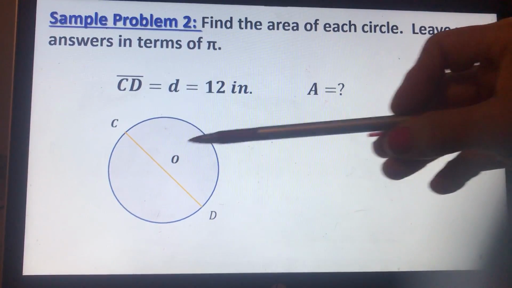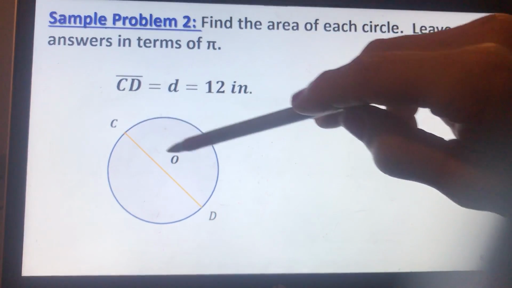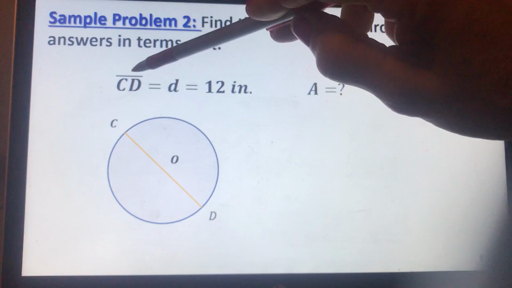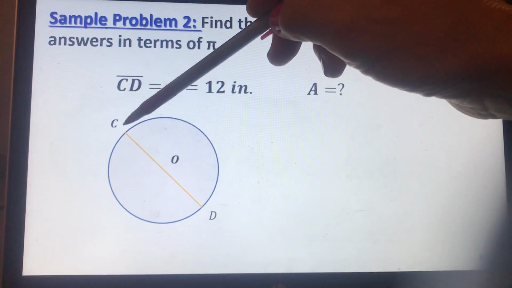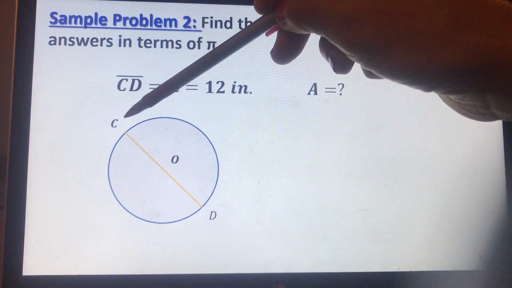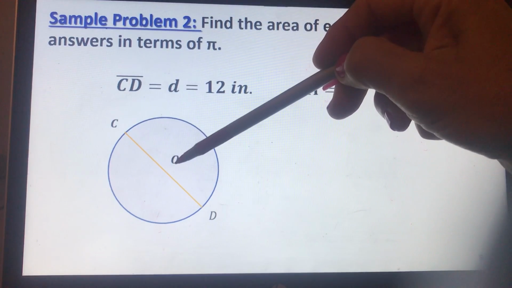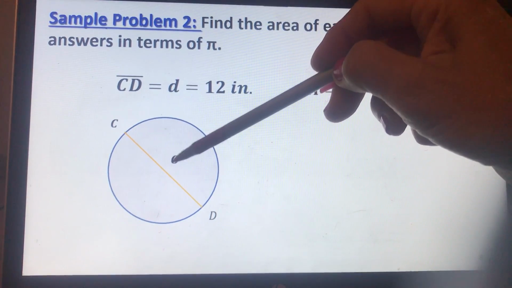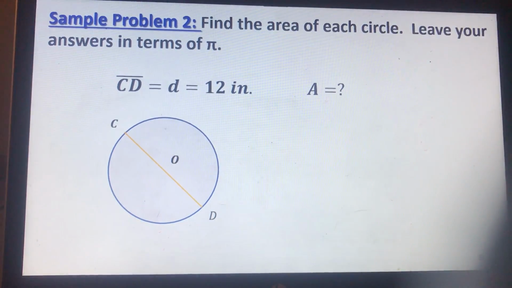Notice very carefully, because here we are given the distance between points C and D. Chord CD passes through the center, O, of the circle. That means that line segment CD is also defined as the diameter of the circle.